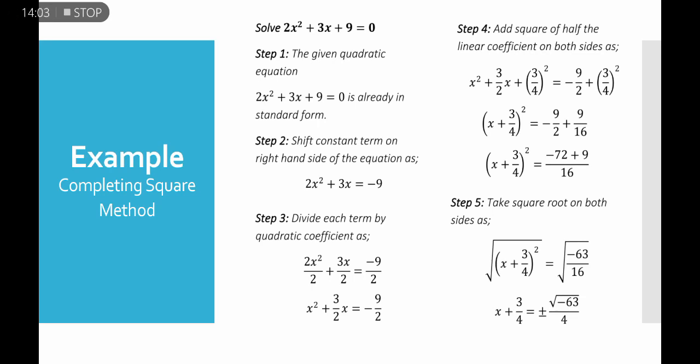Now left hand side becomes a complete square, so we can write it as x plus 3 by 4 whole square, that is equal to minus 9 by 2 plus 9 by 16. And then x plus 3 by 4 whole square becomes equal to minus 72 plus 9 divided by 16.